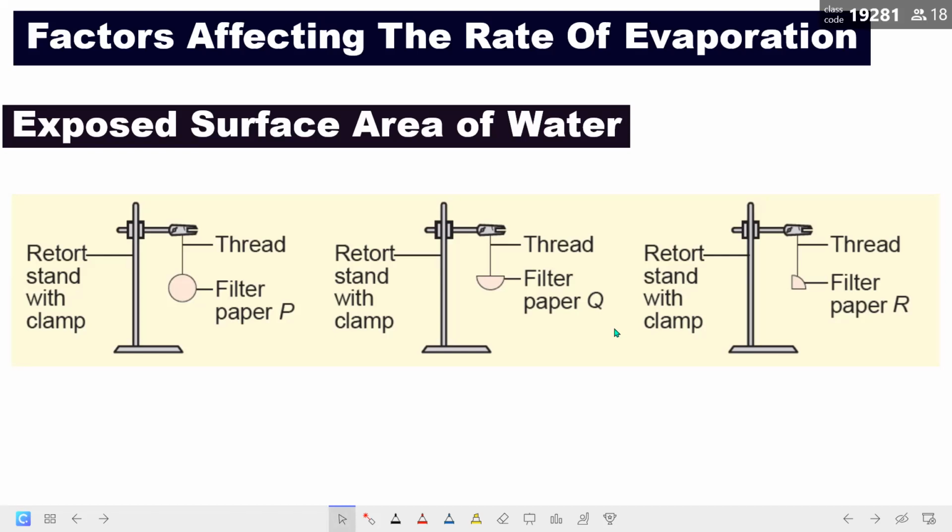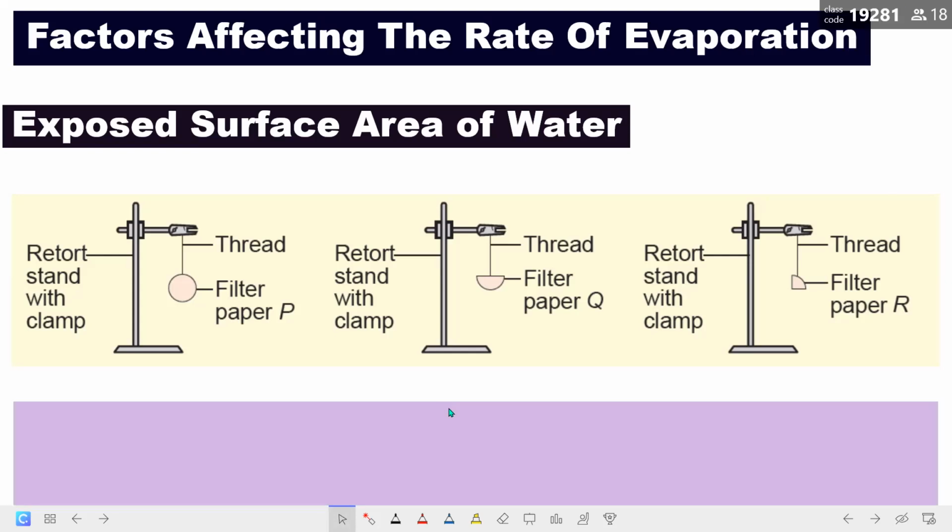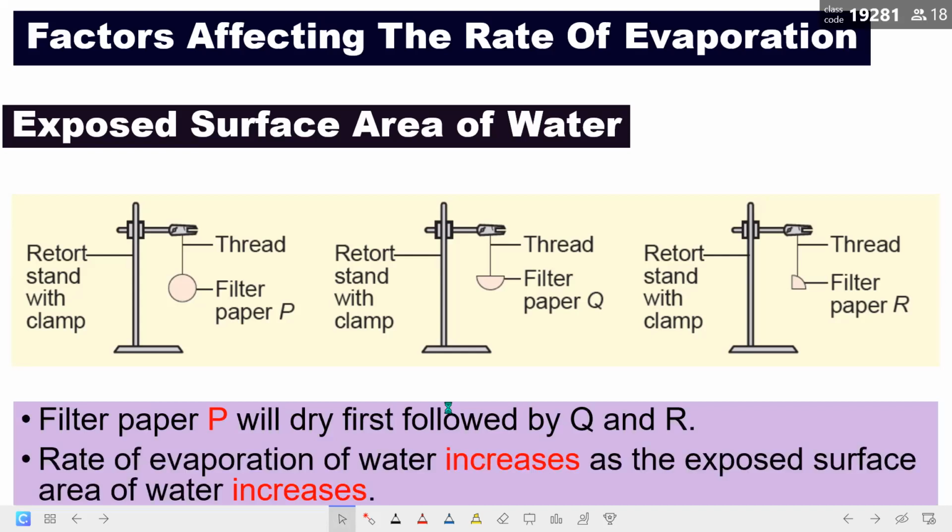P, Q, or R? P, sir. Correct. Your answer is P. The concept is when your exposed surface area increases, your rate of evaporation also increases.